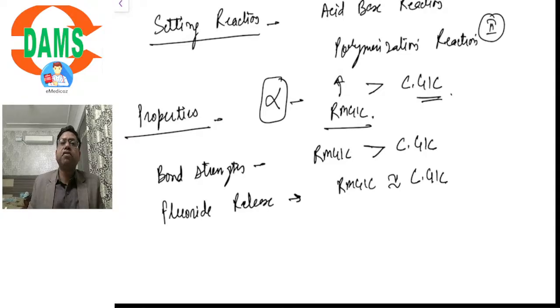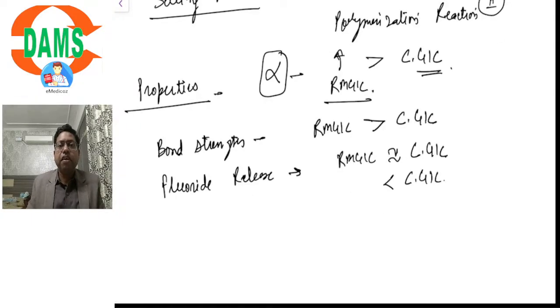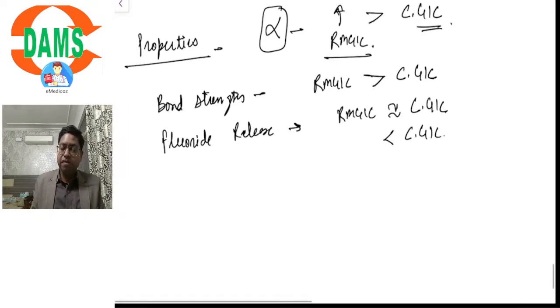If we have to make a strict comparison between them, then RMGIC is slightly lower. If a question asks about a strict comparison, the amount of fluoride released by RMGIC is slightly lower as compared to conventional GIC. Otherwise, there is no technical difference.